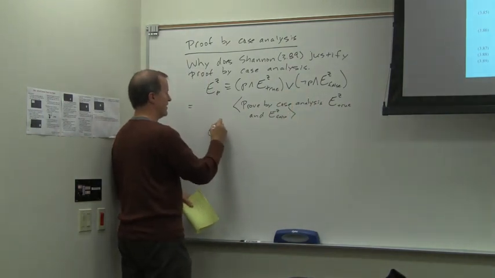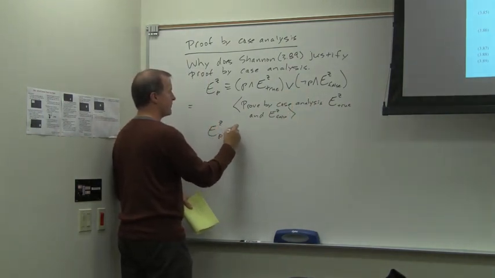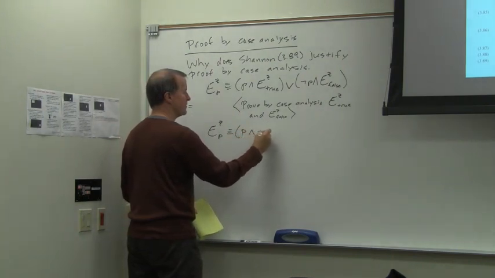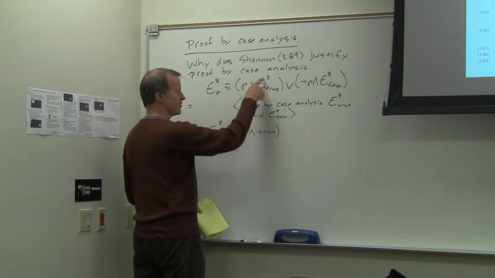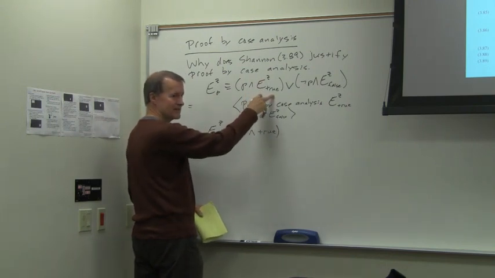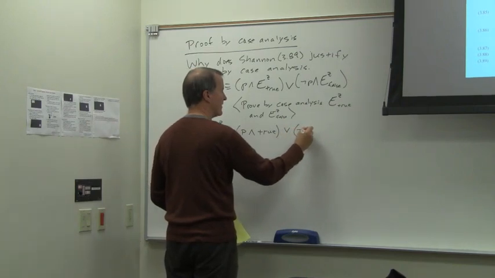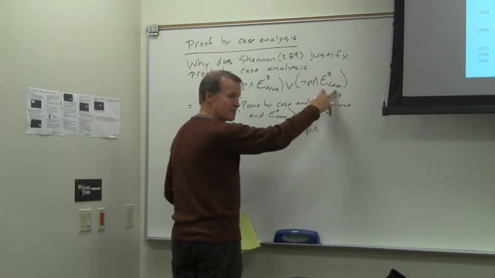You have E with Z replaced by P equivales, now watch what you have, P and true. Are you with me? Because we did this part by case analysis, yeah? Or not P and we also proved this part by case analysis, right?